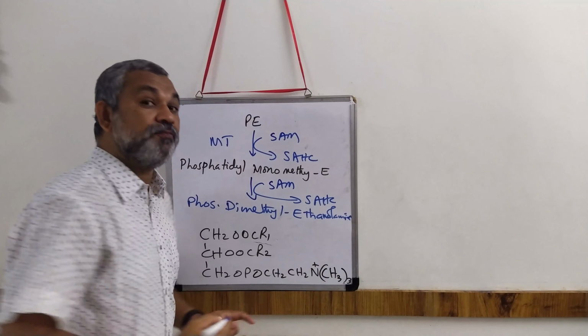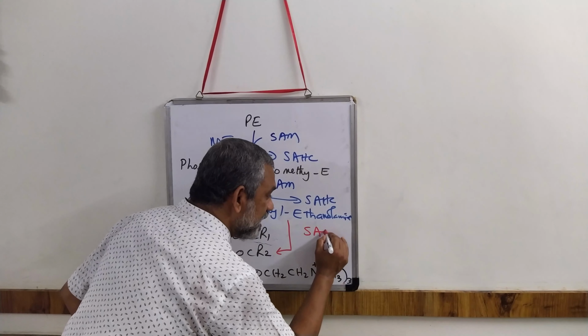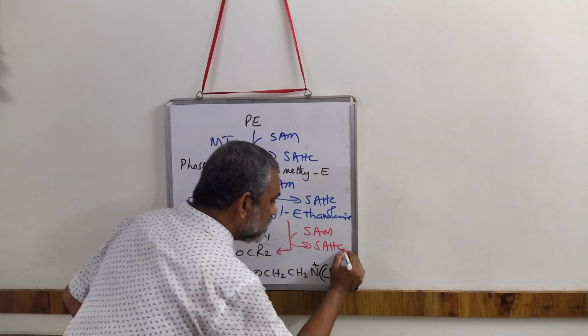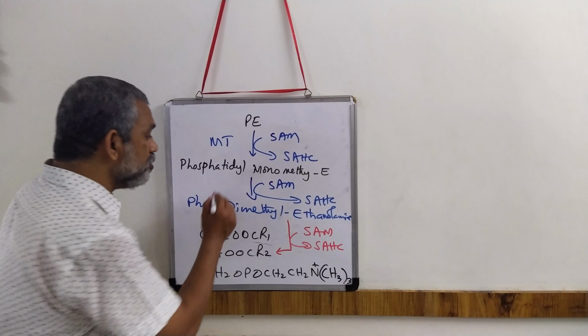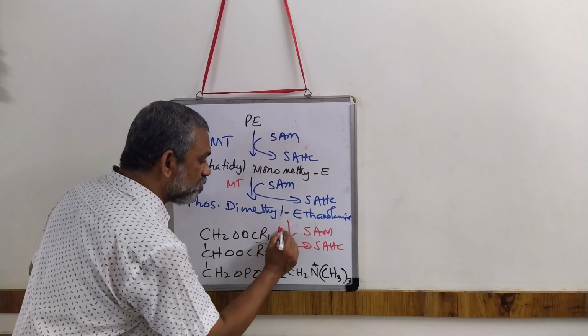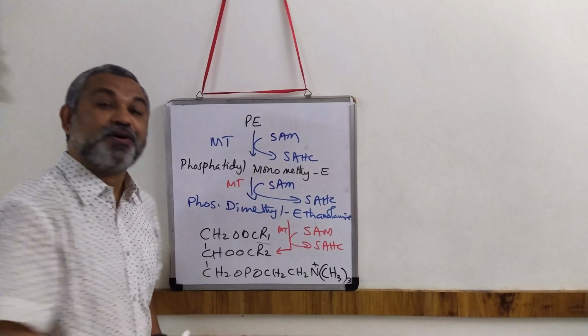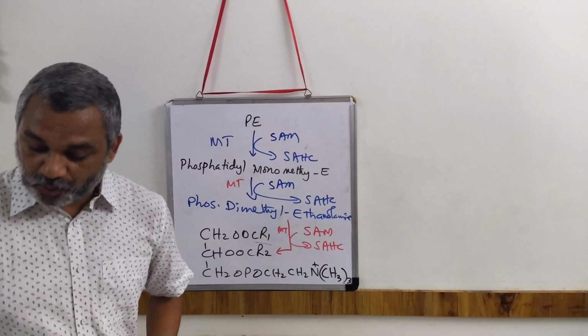The structure is already drawn here. In order to make a distinction, let me use a different pen. To this we add the third molecule of SAM and S-adenosyl homocysteine is removed. The enzyme here is also methyl transferase. So we will get phosphatidylcholine. Maybe we can write this in a single step so that there is no confusion.